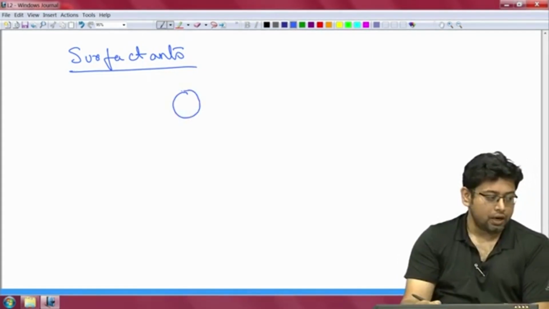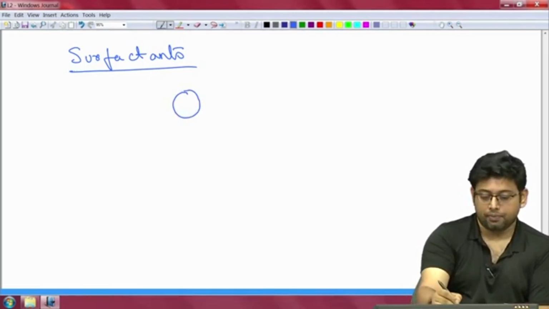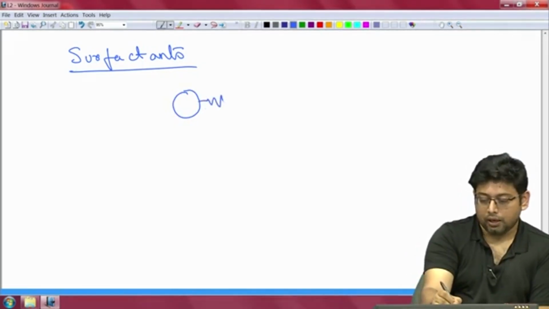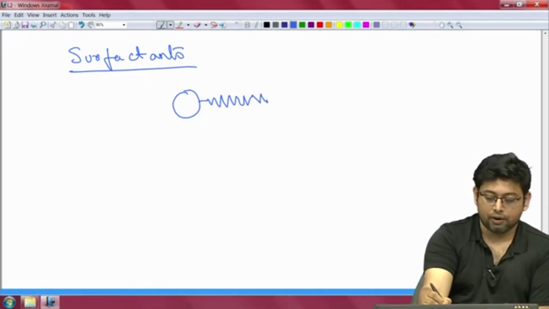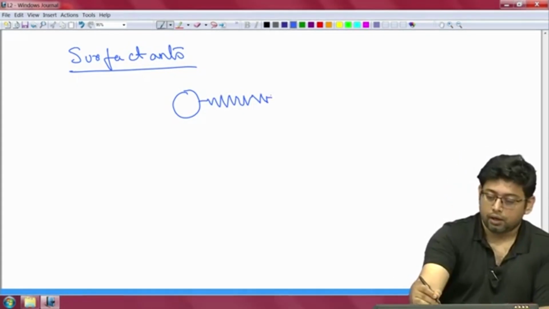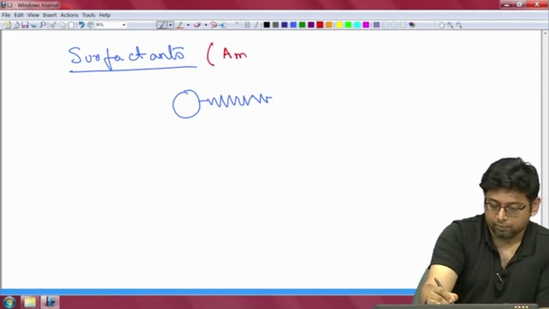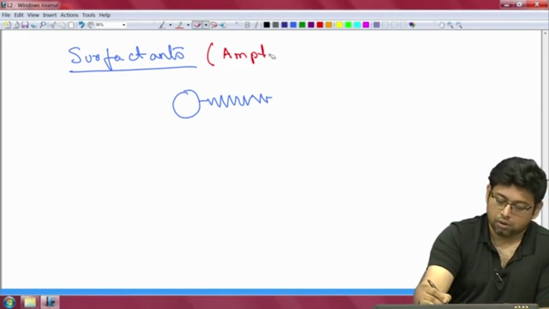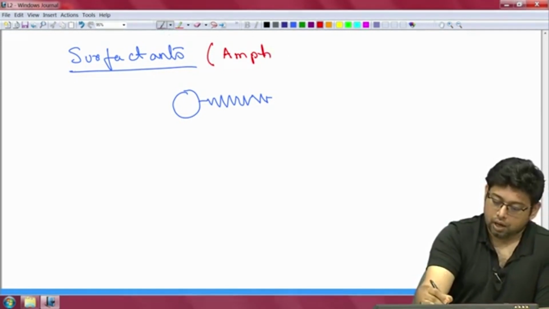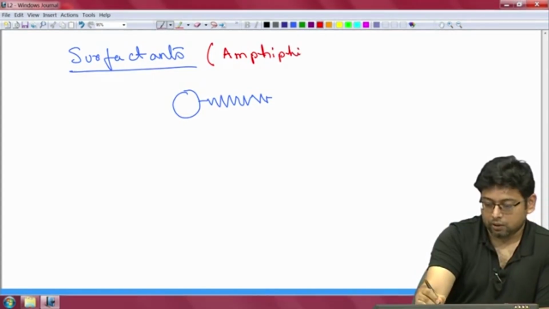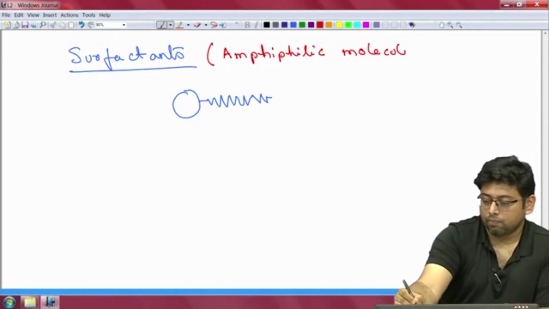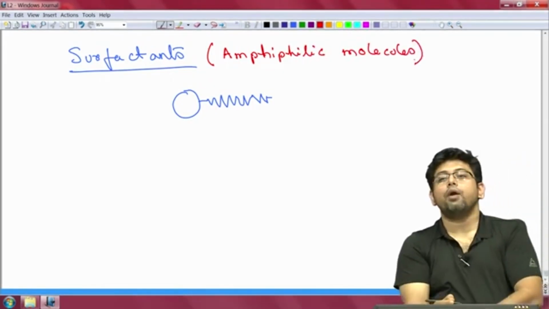They have a hydrophilic head, and this is usually represented in this kind of a manner, where these are amphiphilic molecules, and they can dissolve both in oil and water.